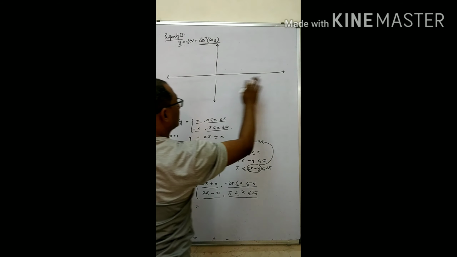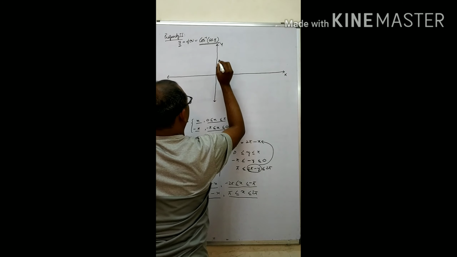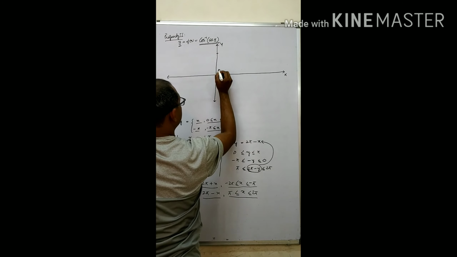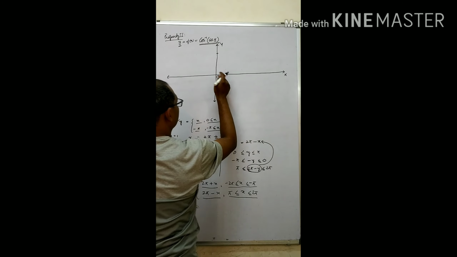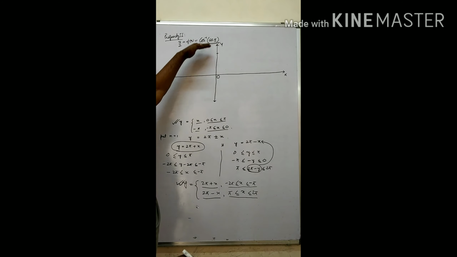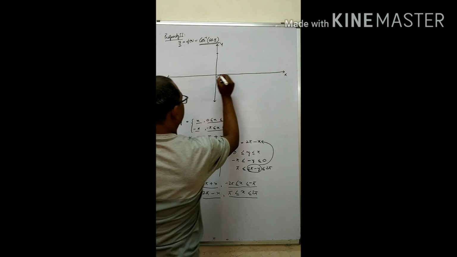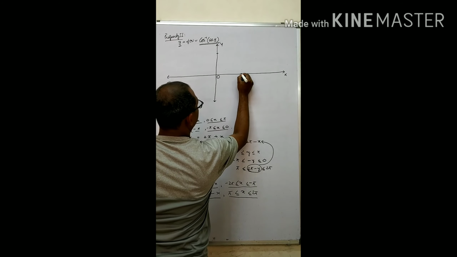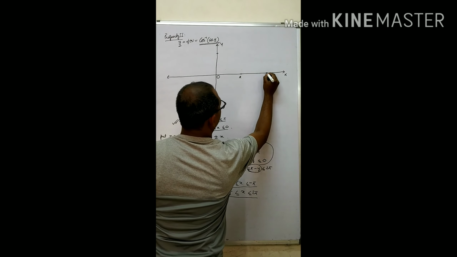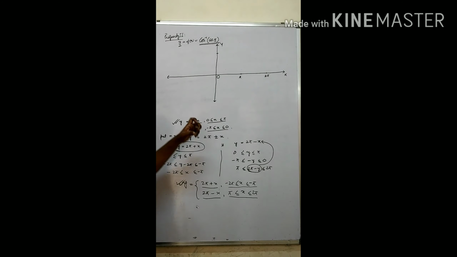The domain of the function is all the real numbers, and the range is 0 to pi, meaning the graph will never go below the x-axis because the range is 0 to pi only. Now for this interval 0 to pi, f(x) will take the values of y equal to x.